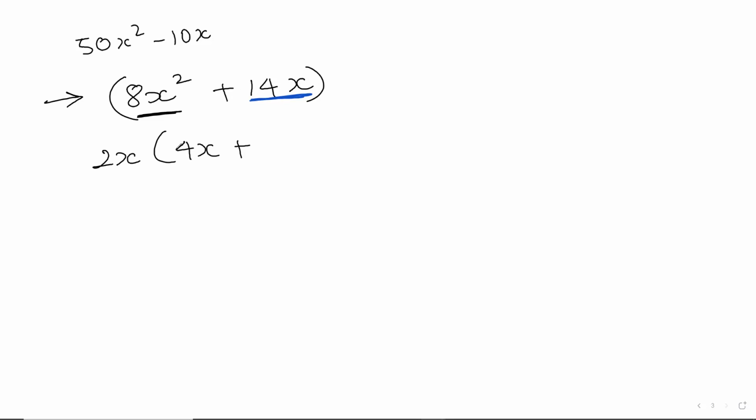But if we take 2x common, we have extracted 2x from there. So what do we have remaining in this place? Yes, Mridula? 7. Yeah, so we have 7 remaining. Hamna, is it clear? Did you understand? If not, just ask me, I'll repeat.